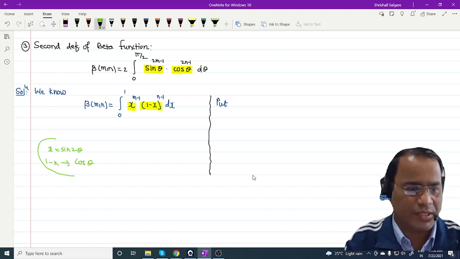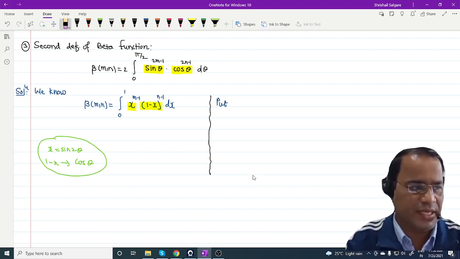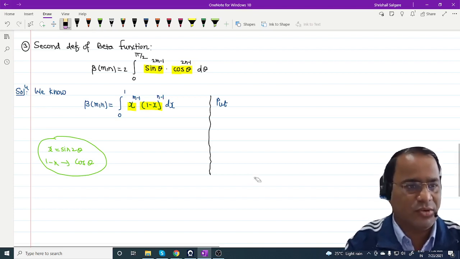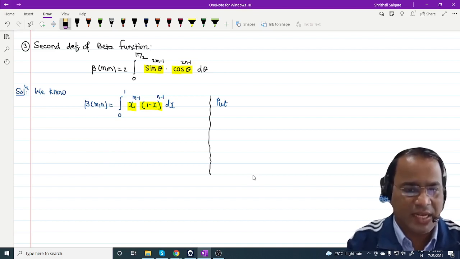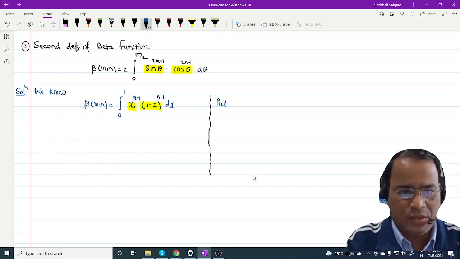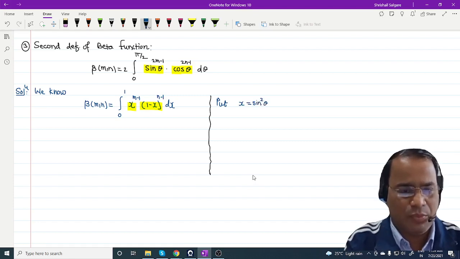It does not work. Any other suggestion? Equal to sine square theta. Yes, very good. You have to put x is equal to sine square theta. You have that identity, 1 minus sine square theta. So you have to put x is equal to sine square or cos square, both work. So put x is equal to sine square theta. Then what is your dx?